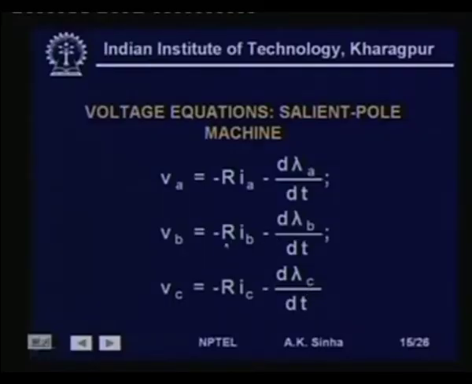Therefore, this makes the solution of these equations much more complex, or the analysis of the machine quite complex.